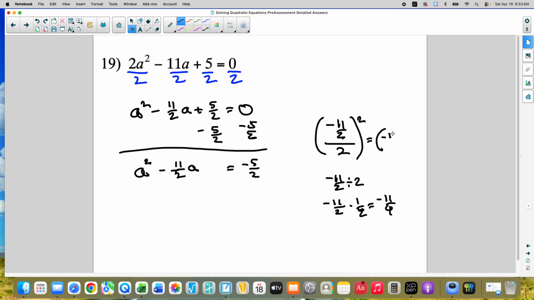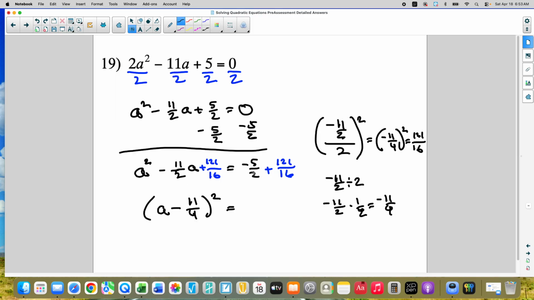So this equals 11 fourths squared, which equals 121 over 16. This is easy. We've already done the work. This is half of my b value, 11 fourths, not 11 halves. We have to take half of it. If we show our work, we have it to refer back to.